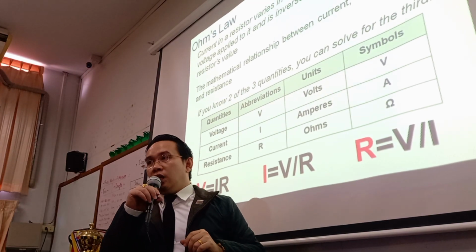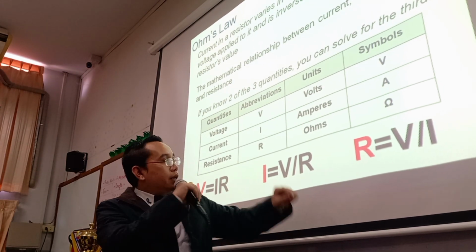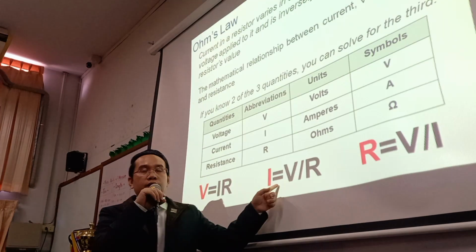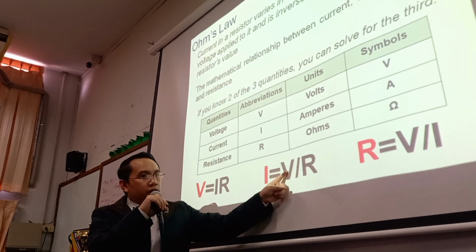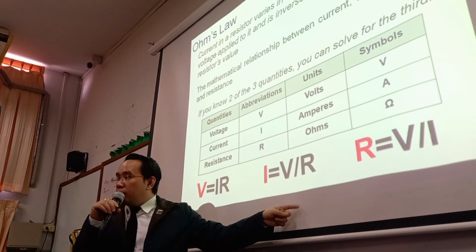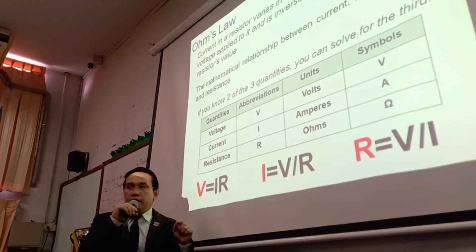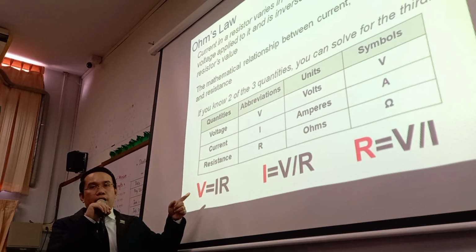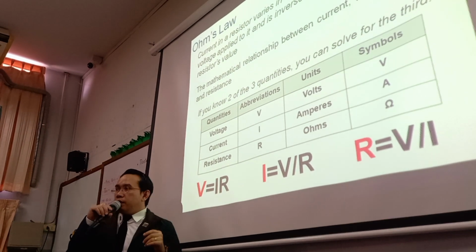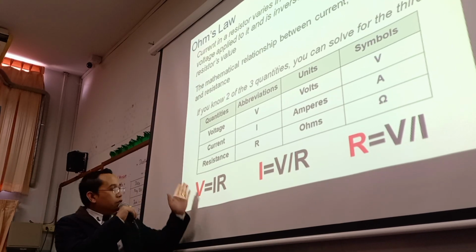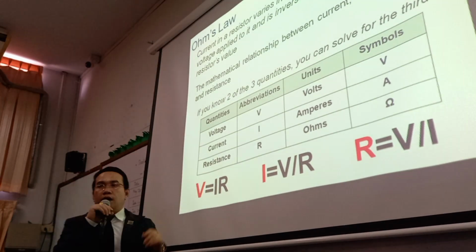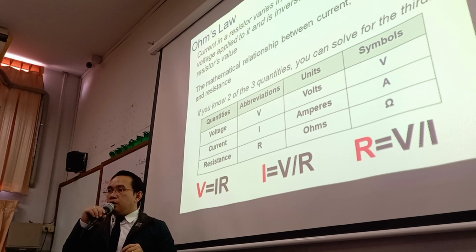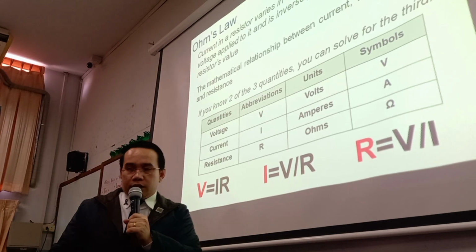R is equal to V divided by I. Then, if current is unknown, current is equal to voltage divided by R. If voltage is unknown, just multiply current and resistance. So V is equal to I times R. Do you understand, guys? Now, let's continue.